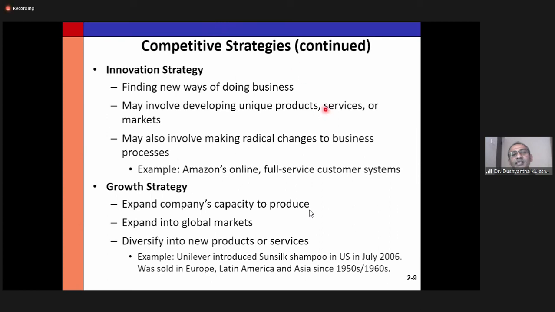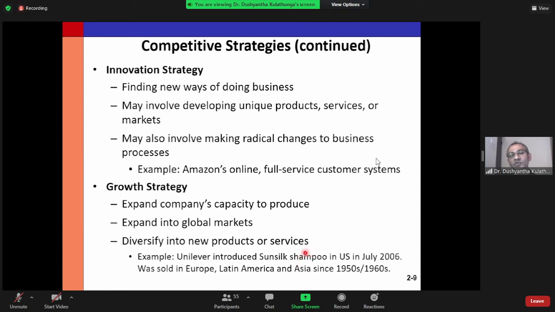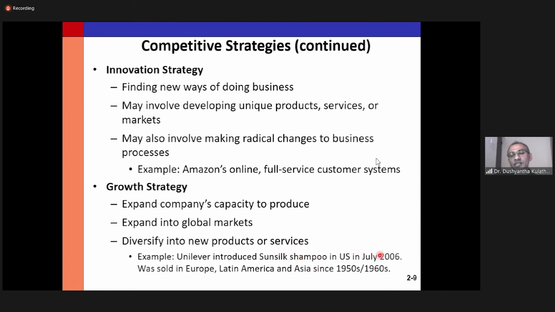Yeah, expanding into global markets, because Sunsilk was not operating in the US market up to 2006. So they have expanded their markets by doing so. They have moved into a new market which they did not operate in. So they have selected this strategy coming under growth strategy.